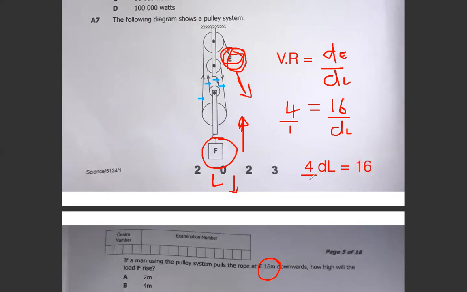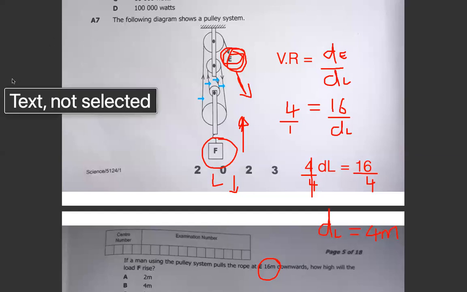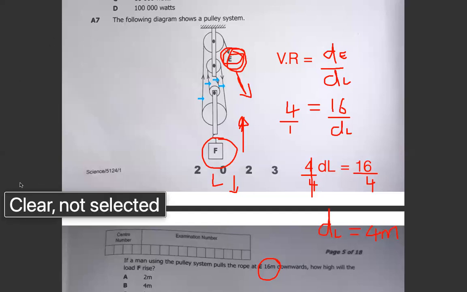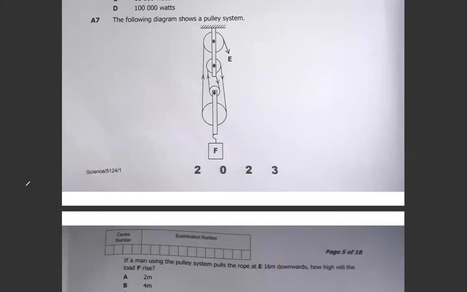When you divide by 4 on both sides, you'll find that the distance moved by the load is 4 meters. So here you have to use the formula for the velocity ratio, substitute the parameters given, and then you'll be able to solve for the one that is not given. So the distance moved by the load was 4 meters.